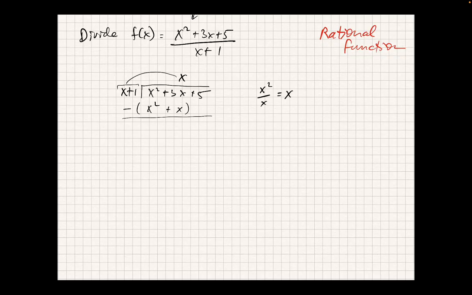Write parentheses, write a minus sign, and then distribute your minus sign. So when I distribute it, what do I get? Negative x squared, and then minus x. And then when I add these together, what do I get? Negative x squared plus x minus x.